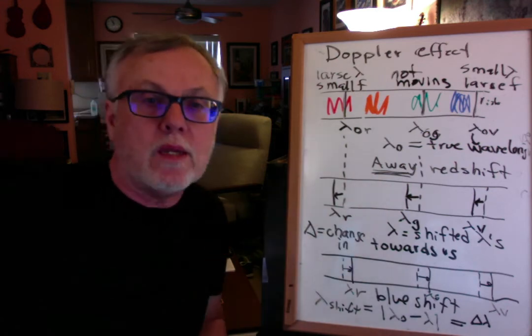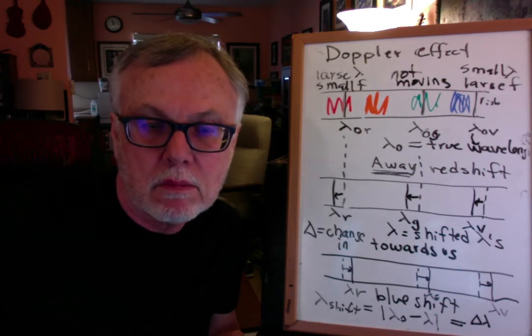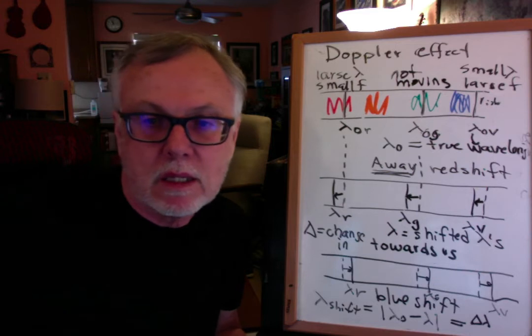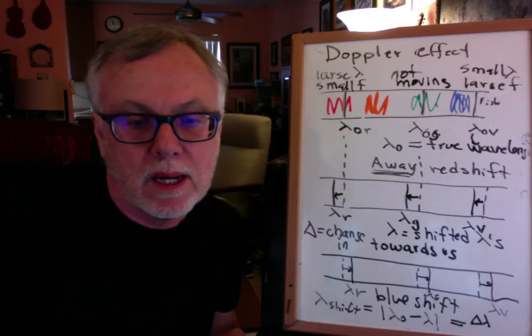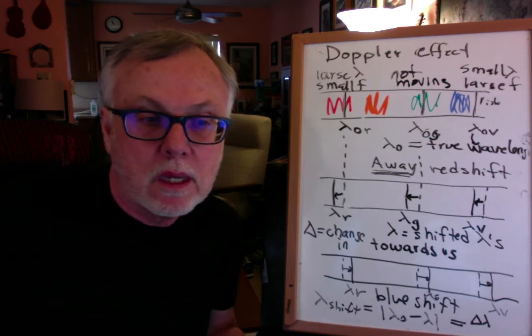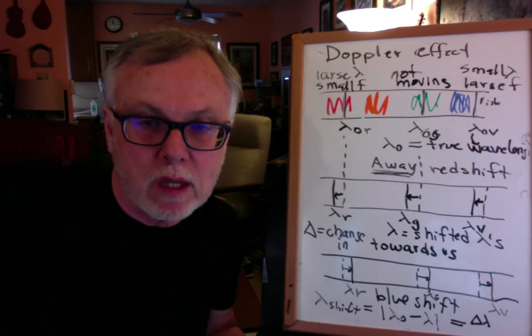So right away, just by looking at the spectral lines, what we can determine is how they're shifted will tell us what direction the star is moving relative to us.